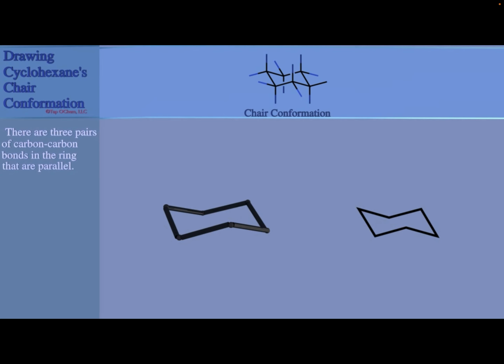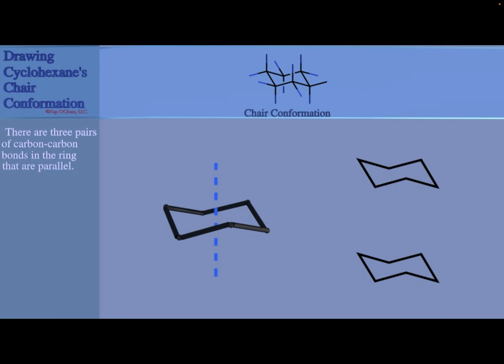Let's reproduce this line drawing for the next part of this animation, placing one above and one below on the screen. To complete our line drawings, we need to draw in all of the carbon-hydrogen bonds. Let's now place a dotted line through the stick model and our line drawings. The carbon-hydrogen bonds that are parallel to this dotted line are the axial hydrogens. On our stick models, we will reveal the 3 carbon-hydrogen bonds that point up from the 3 carbons that point up. On our top line drawing, we will now draw these 3 carbon-hydrogen bonds.